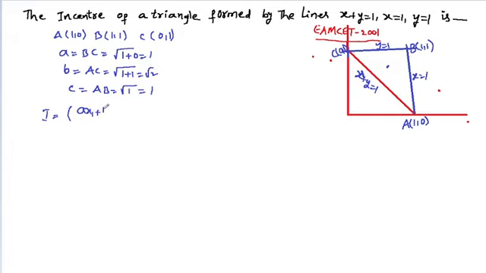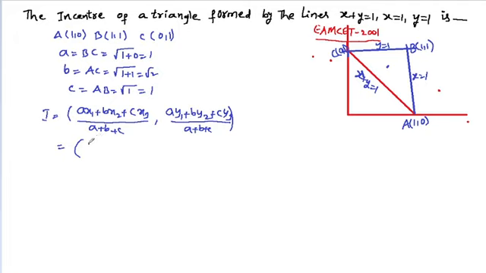Incenter I is equal to (a x1 plus b x2 plus c x3) by (a plus b plus c), comma (a y1 plus b y2 plus c y3) by (a plus b plus c). Substituting the values, a is 1 into x1, that is 1, plus b root 2 into x2, that is 0, plus c 1 into x3, that is 0, by a plus b plus c, that is 1 plus root 2 plus 1.